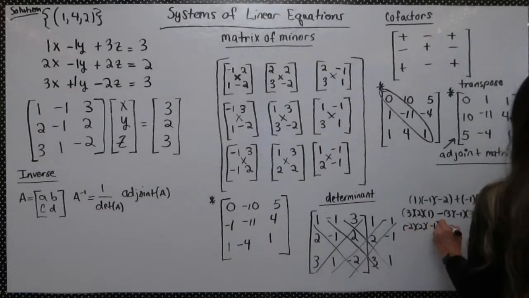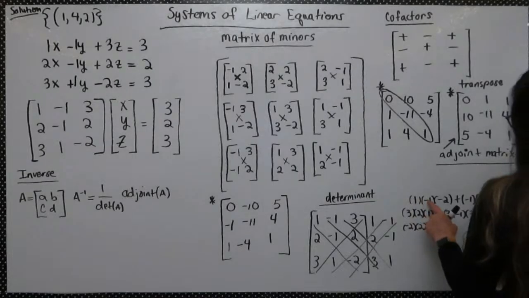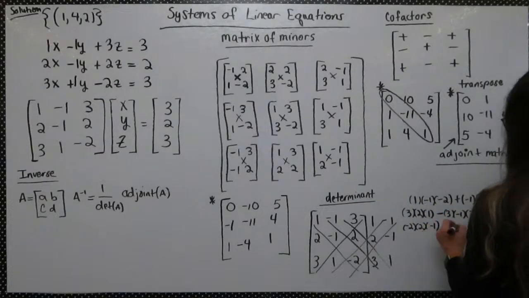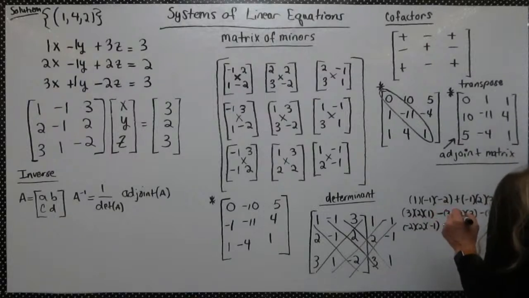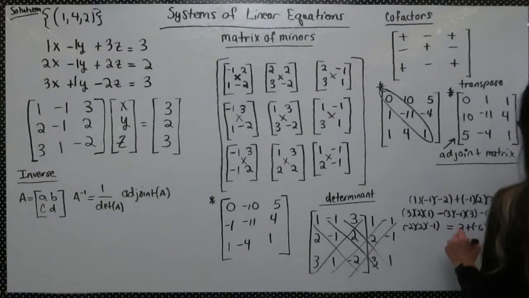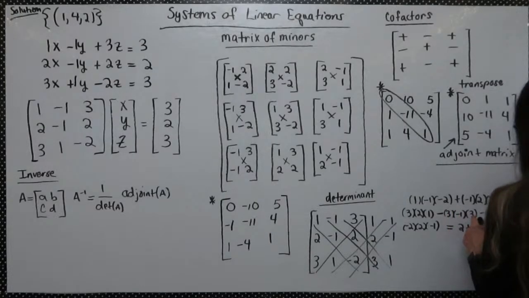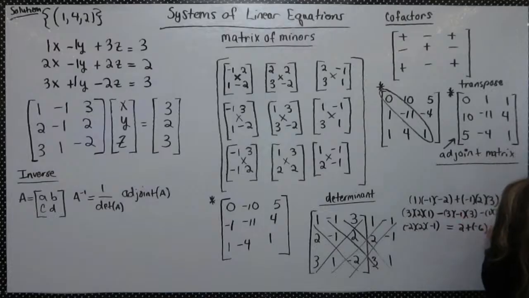Okay, and we'll simplify that. We have 1 times -1 times -2, that is +2. Then plus -1 times 2 times 3, that is -6, plus 3 times 2 times 1, which is +6. Then minus 3 times 3 is 9, times -1 is -9, times a negative is +9.